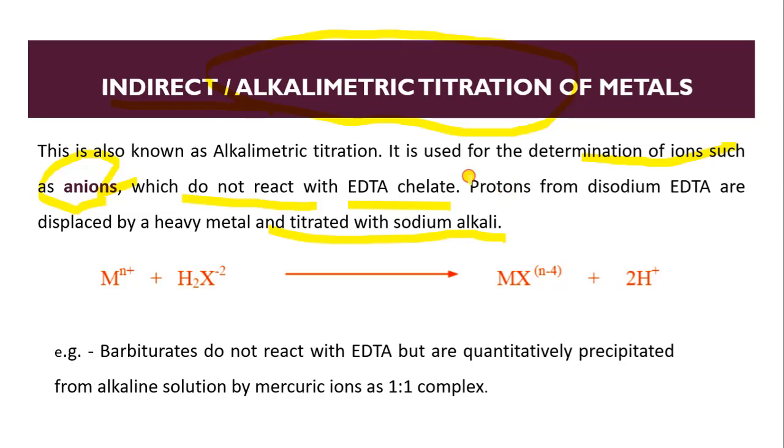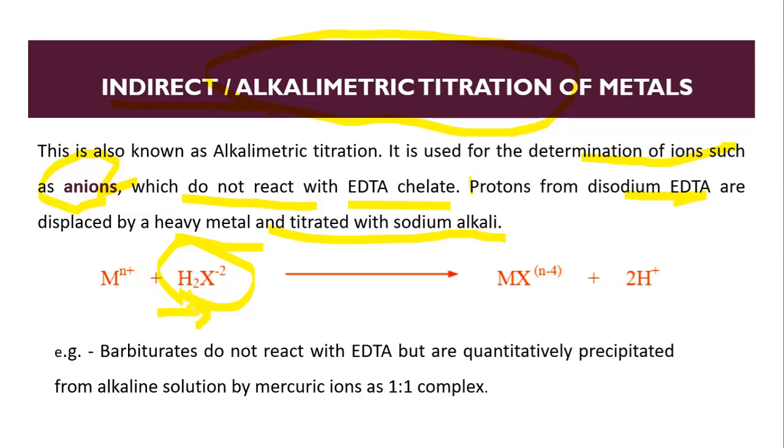Here we have to use the protons. This is our EDTA solution. In EDTA we add acid, so it will be protonated. So protons from disodium EDTA are displaced. These protons are displaced by the heavy metal and titrated with the sodium alkali.